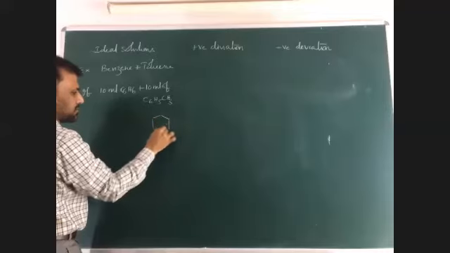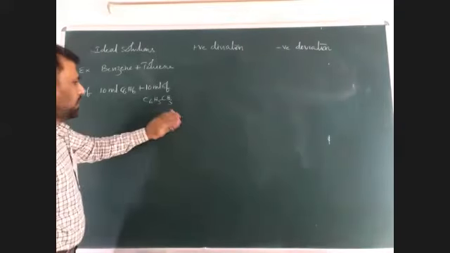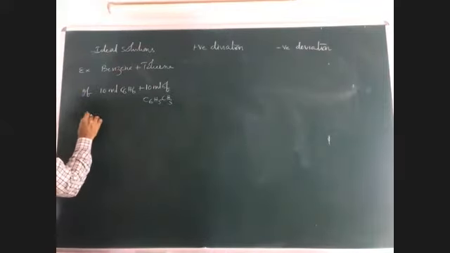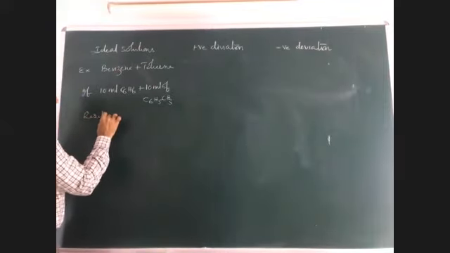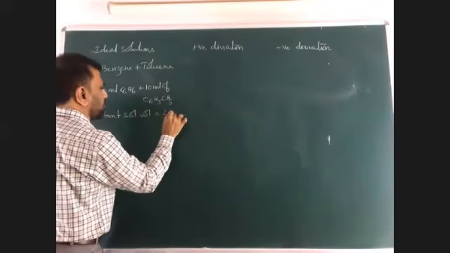Toluene is this, benzene and toluene. And now the resultant solution is how much? Solution volume is 20 ml.